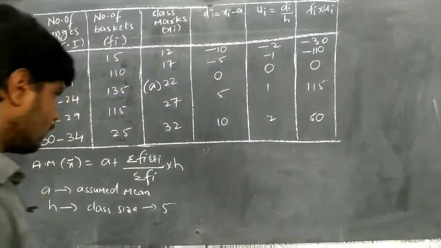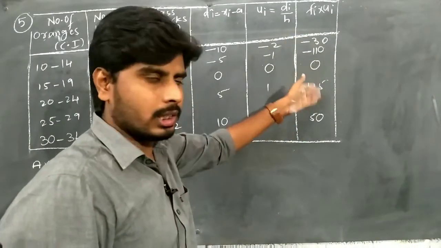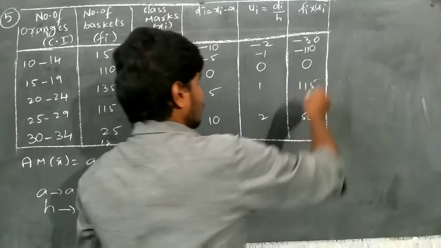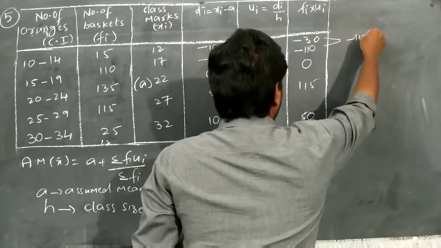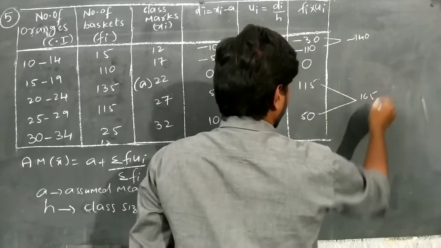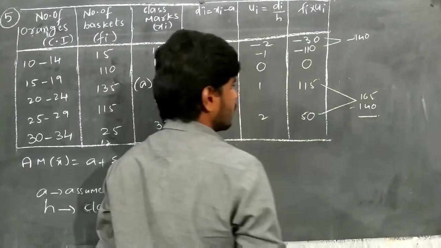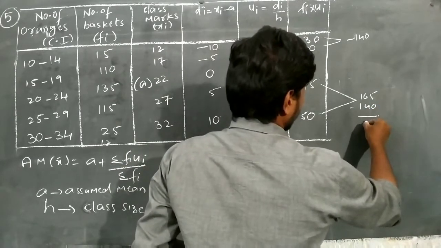So what is the formula? Sigma fi ui. Sigma fi ui means we have to add all these here. Okay, so these two become minus 140 and these two become 165. So 165 minus 140, so how much is it? 25.